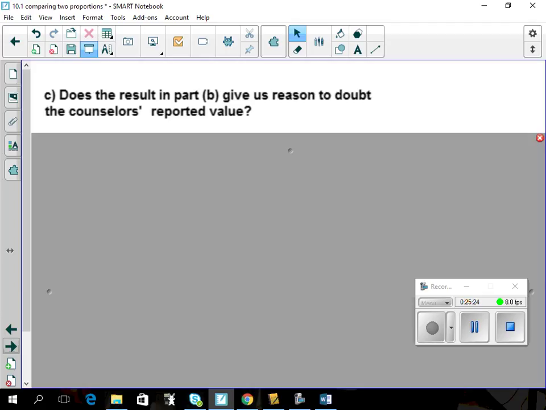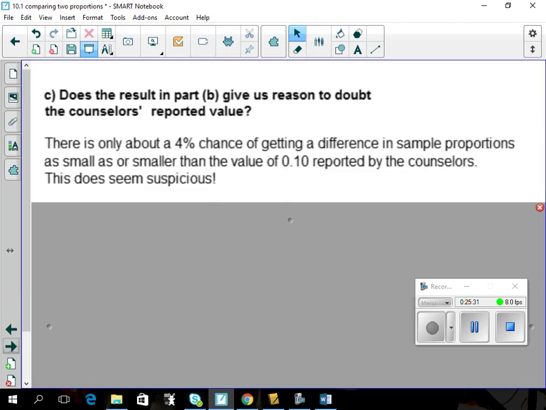No, 10%, sorry. Yeah, we have evidence to suggest doubt, don't we? There's only a 4% chance, remember this is the p-value, of getting a difference in sample proportions as small or smaller than what we have. Okay, that's really a nice interpretation of p-value.